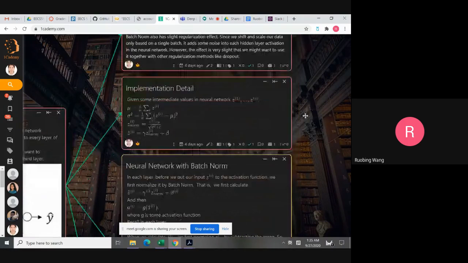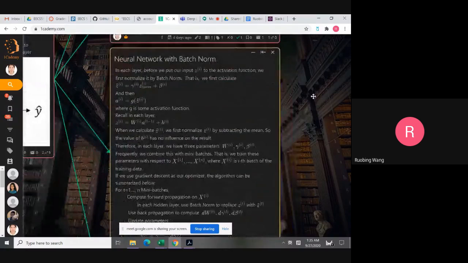In this node, we can see how we fit batch norm into our neural network. In each layer, before we put our input z_i into the activation function, we first normalize it with batch norm.